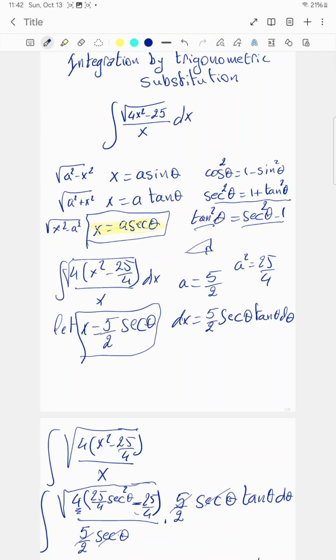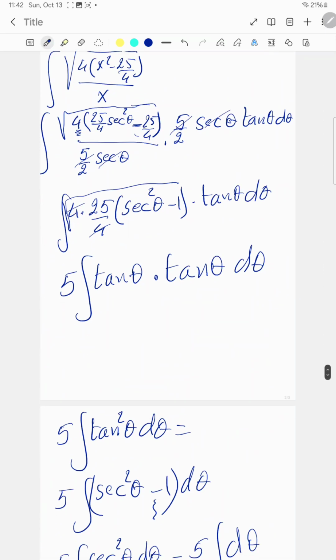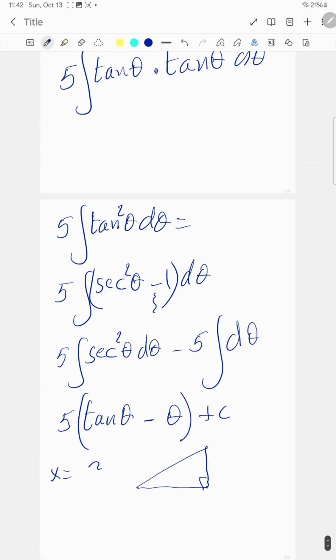I did not write it, but it's 5 over 2. Yeah, here it is. My x is equal to 5 over 2 sec of theta.